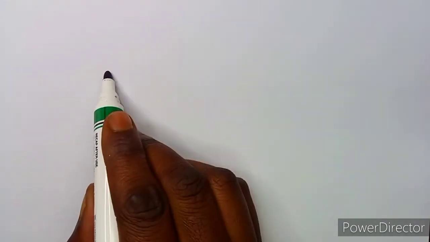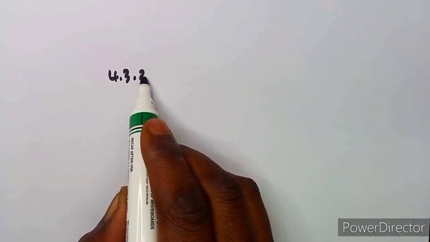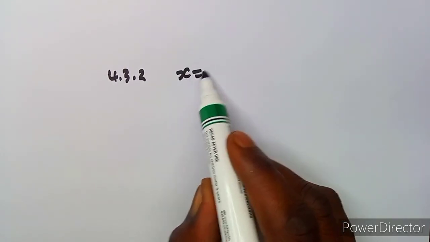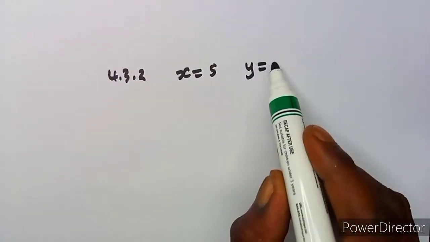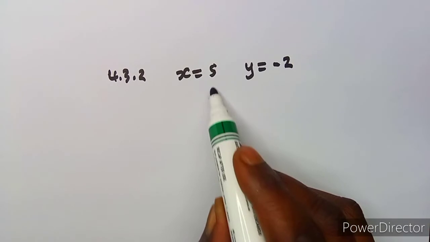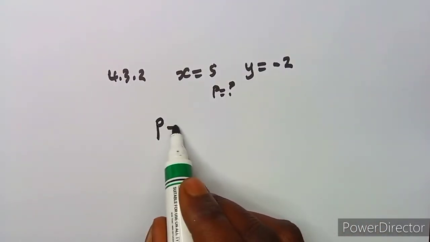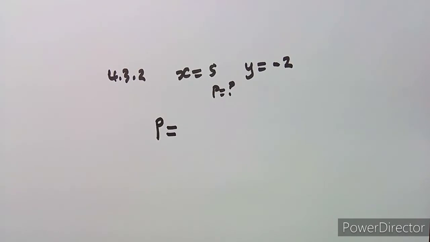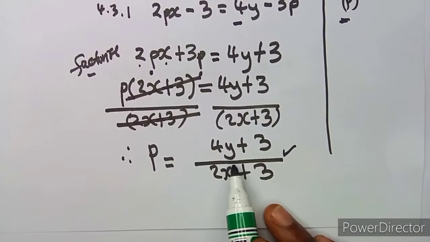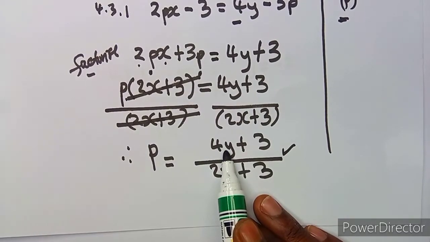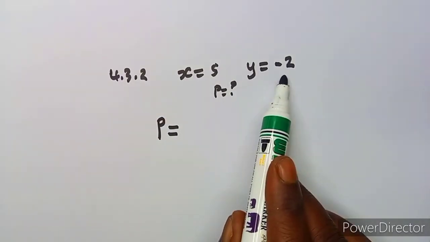On 4.32 there, we are given the value of x, which is 5, the value of y, which is minus 2, and we want to calculate the value of p. So you can just substitute. P is equal to, already we are given this equation here. I'm going to substitute y is minus 2.